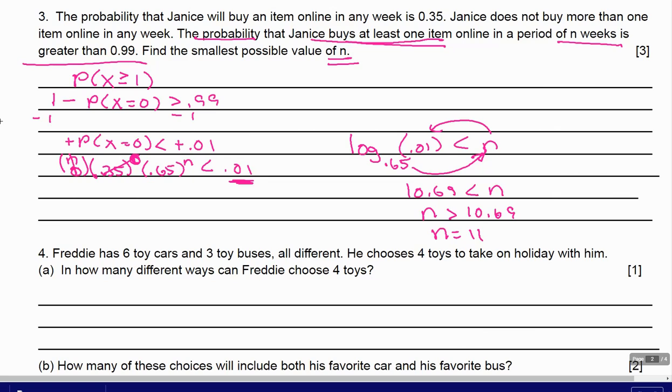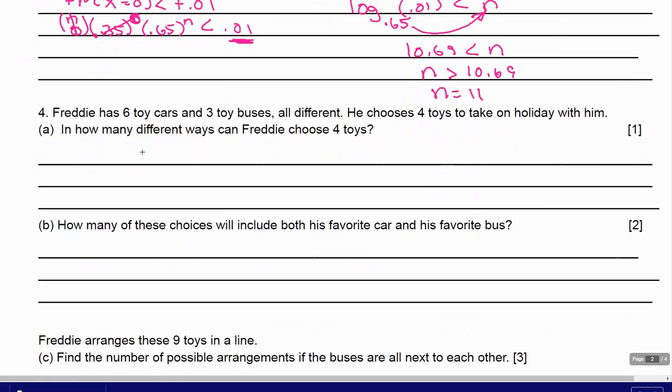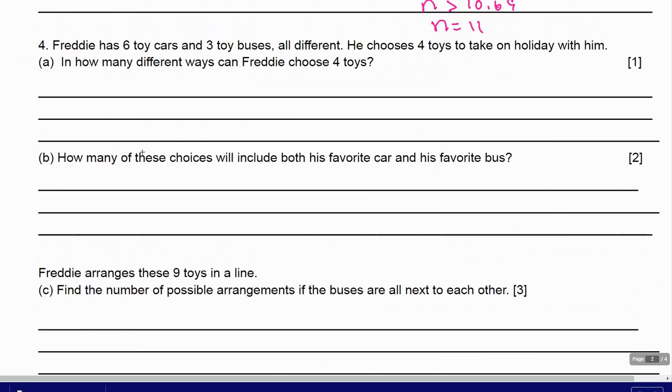Okay? Now take a look at number 4. Here it says Freddie has got 6 toy cars and 3 toy buses. This is important and people miss this. They're all different. He chooses. So that means, are we doing arrangements or combinations? 4 toys to take with him.